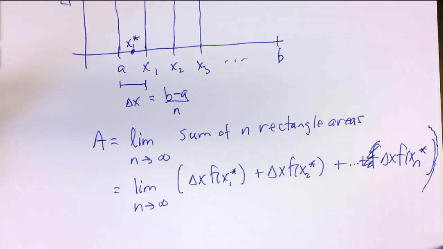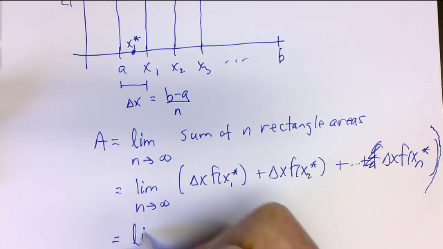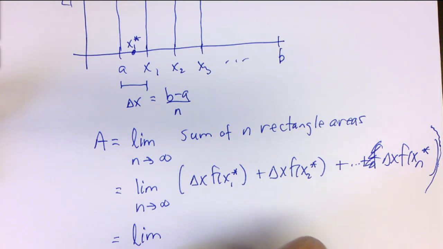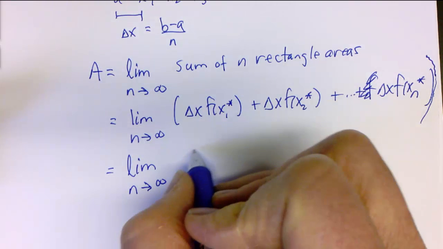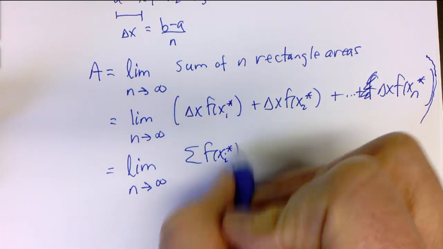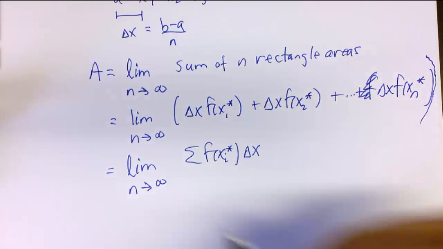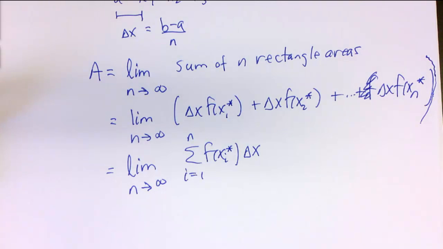Now writing that more compactly, we're going to use our summation notation. Summation notation might be a bit awkward for you, but you're going to have to get used to it over these next couple of sections. We're going to use it quite a lot. So again, if you're having trouble remembering summation notation, go to the appendix in your textbook. There's a review there.